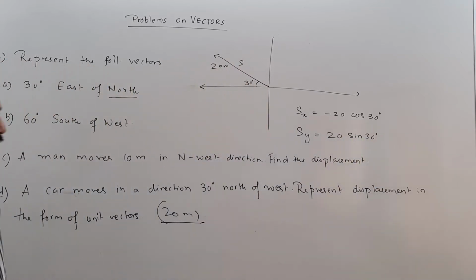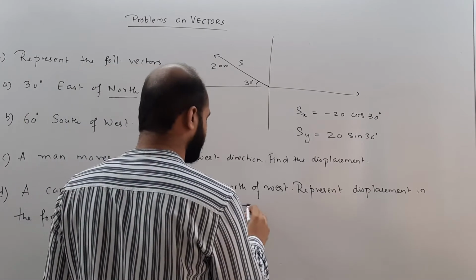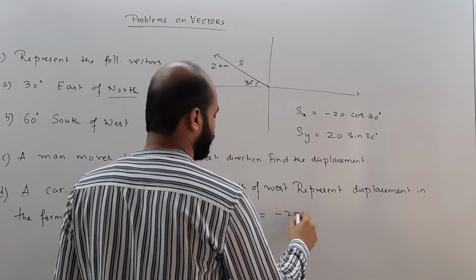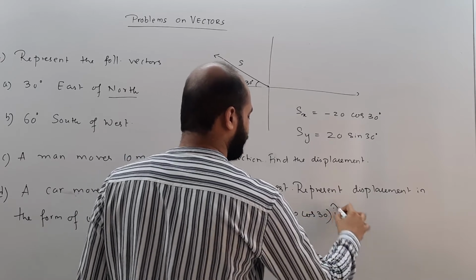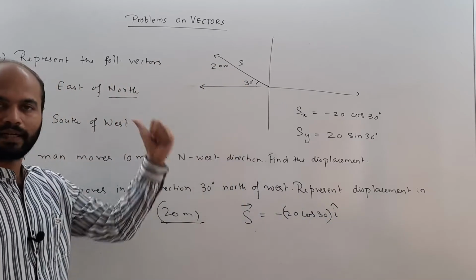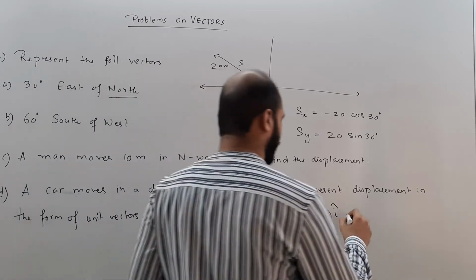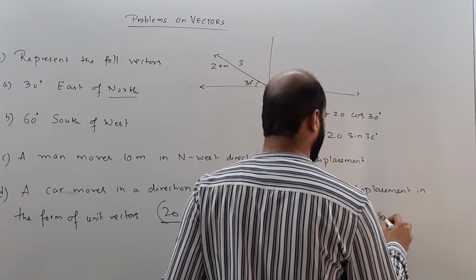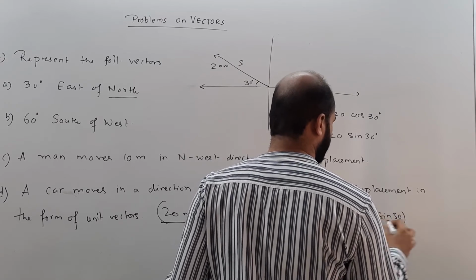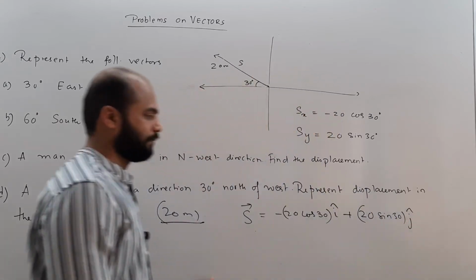So ultimately we can say that S bar in this direction would be minus 20 cos 30 i cap, because it is in the negative x direction, and Sy is going to be 20 sin 30 j cap.